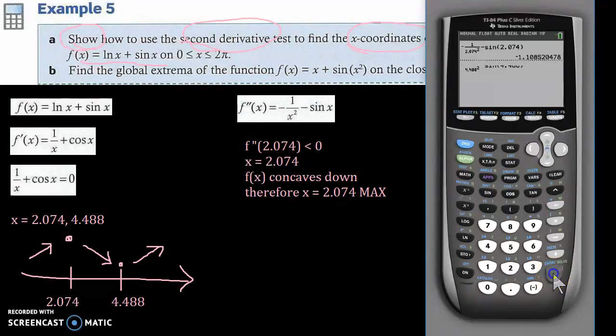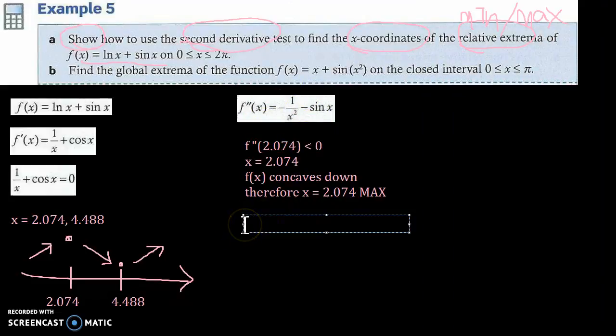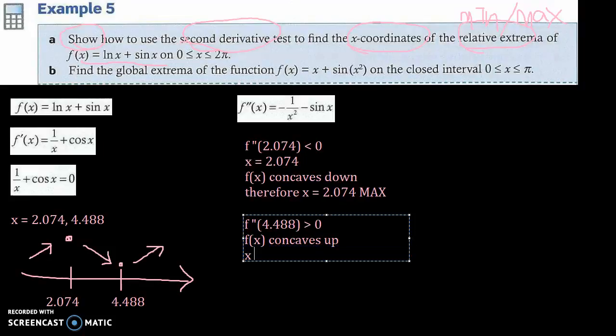When I substitute 4.488 in my second derivative expression, I get a positive value. It is greater than 0, so f of x concaves up, so x equals 4.488 is a minimum.